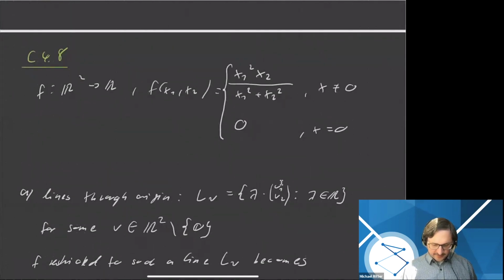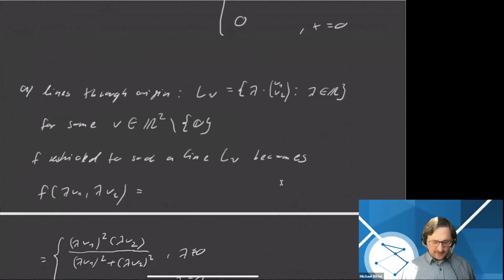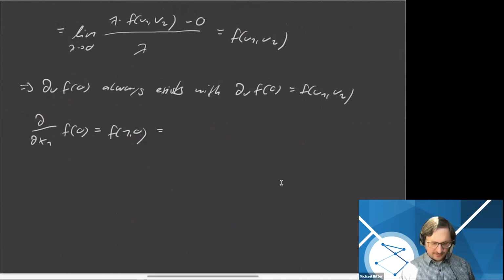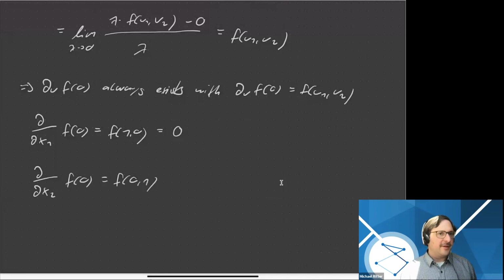If you substitute 1 for x1 and 0 for x2, then this becomes 0 divided by 1. So that's just 0. Okay, and also ∂f/∂x2 of f at 0 is f(0, 1). Basically the same thing happens. That's 0 squared times 1 over 1. So again, we get 0.